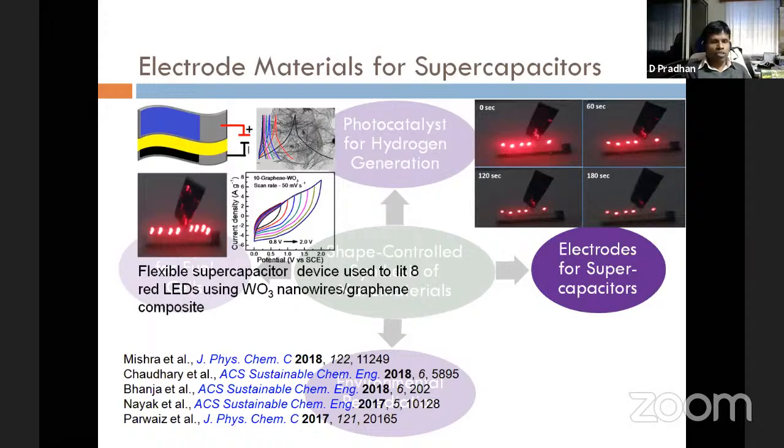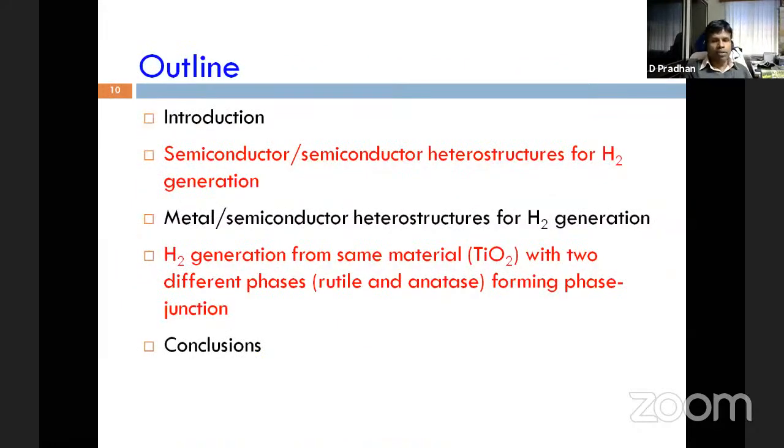Therefore, we also do some supercapacitor studies. These are the research areas that we do in our group briefly. But as I have given several talks at BSSUT in the past on some of these topics, today I will be very focused on only one topic, that is hydrogen generation using heterostructures.